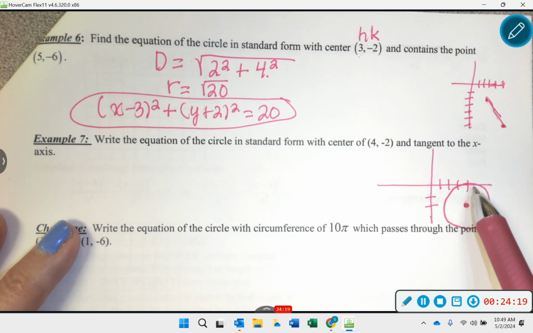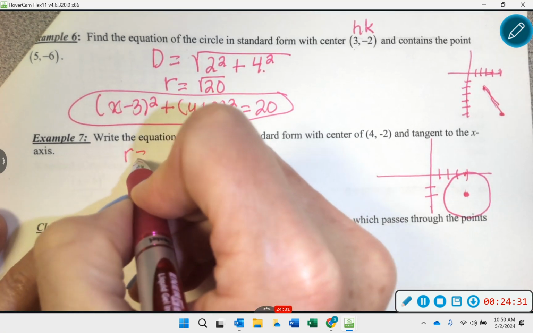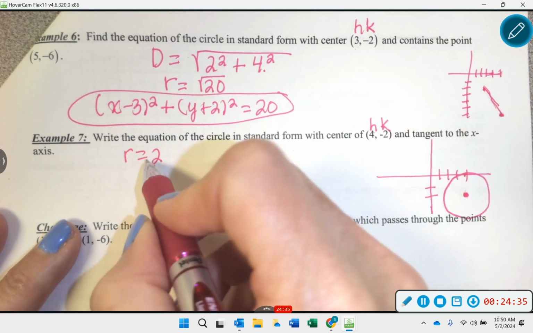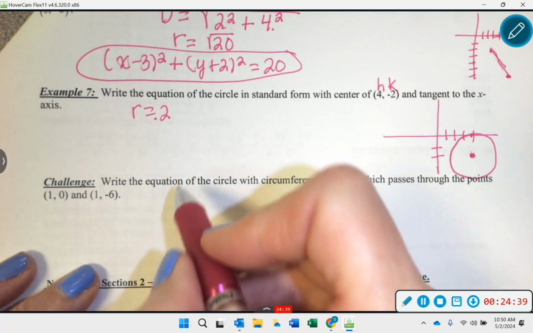Can I quickly find the distance from that center to that x-axis? Yeah, because I'm going straight up. So what is that distance from here to here? 2, right? So the radius is 2. So now we've got our center, we've got our h and k, and we have our radius. Go ahead and write the equation. Do it on your own.